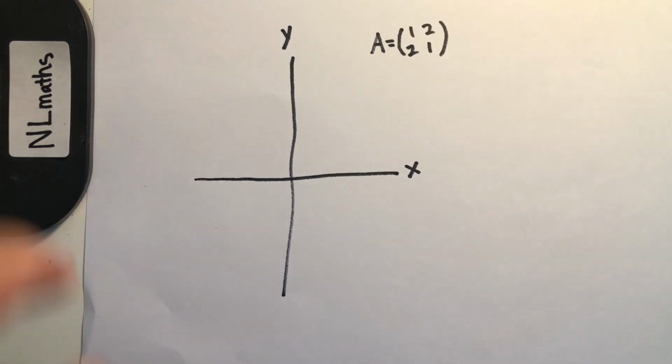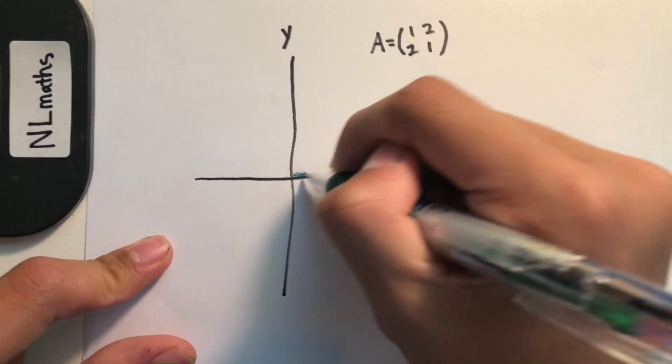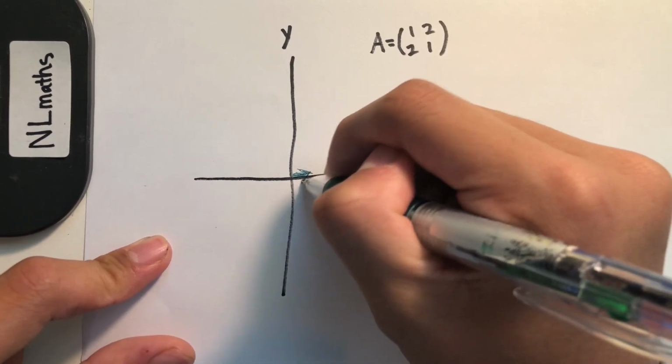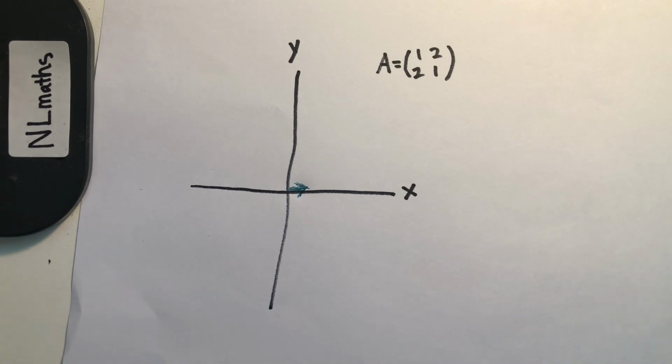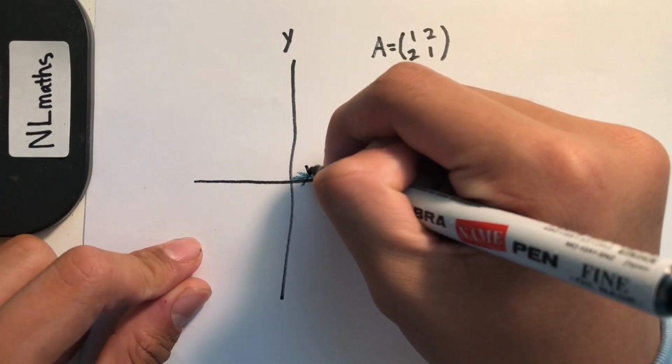So it's a particular matrix transform. So what I'm going to show you is that, let's say I have a particular vector here. This is going to be 0, 1. So then that'll be A. So this is, let's say, V.